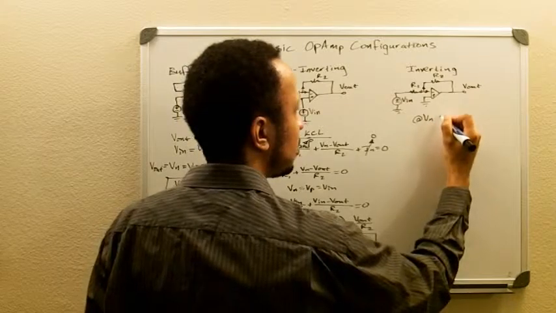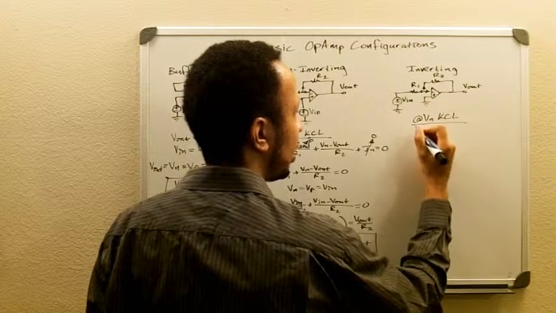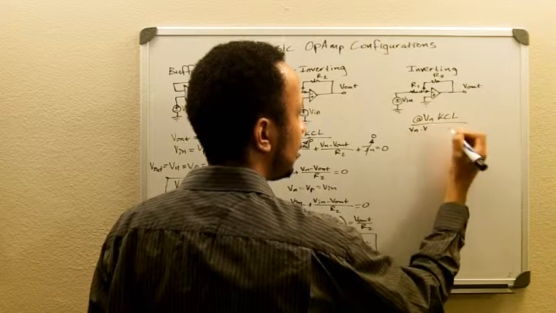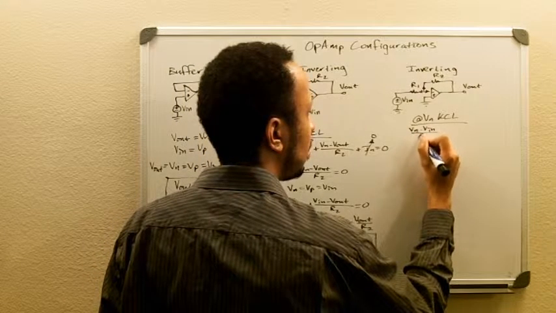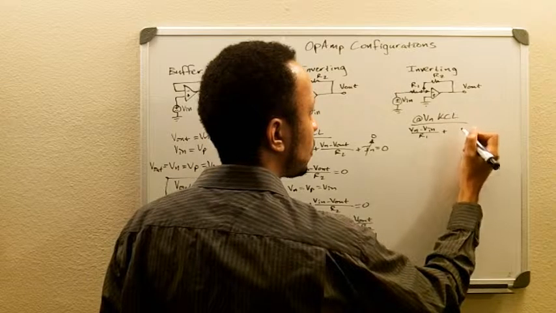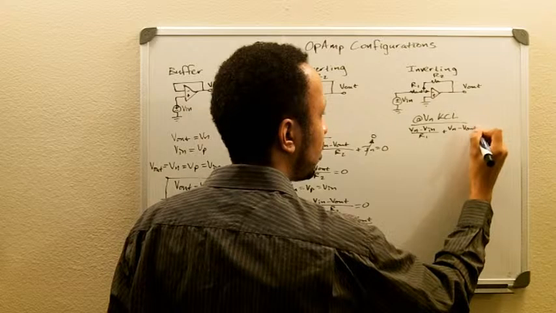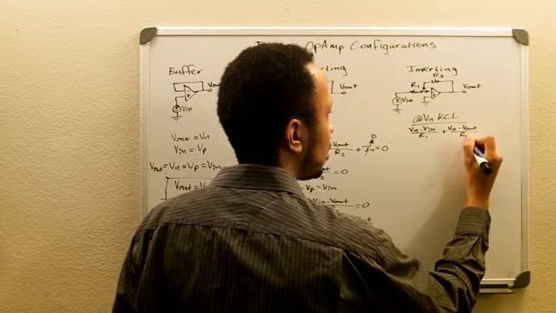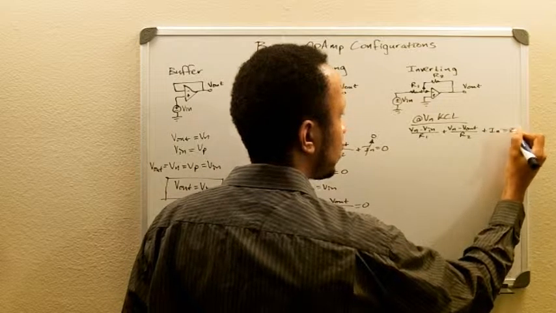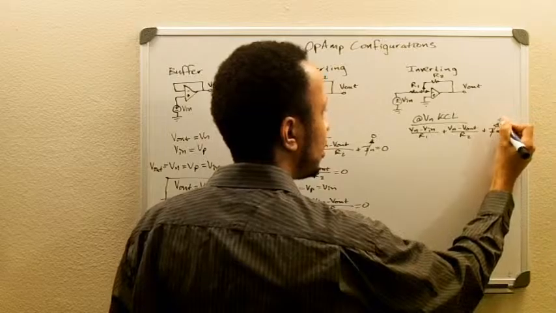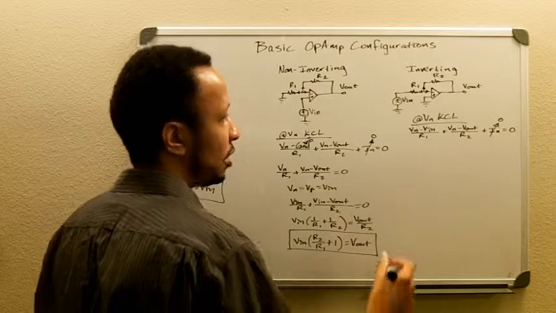At Vn, we're going to use KCL, and we're going to see that Vn minus Vn over R1 plus Vn minus Vout over R2 plus In equals 0. And of course, In will be very low. Ideally, it will be 0 for an op amp property that we have here.